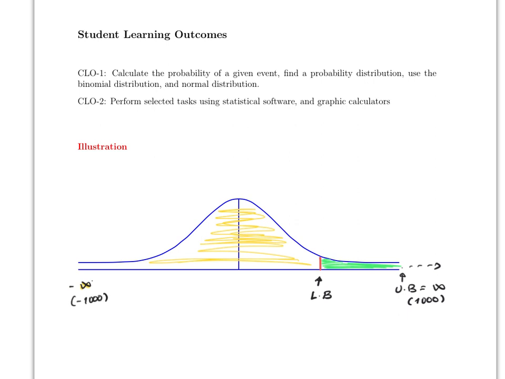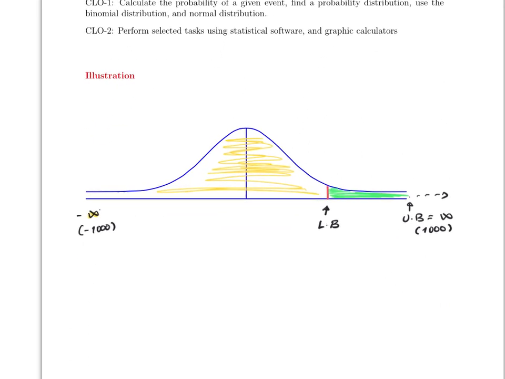In order to use the calculator, you have to go to the following keys, and I will demonstrate this in a second. You'll have to go to second, and then go to distributions, which is under VARS. And then you're going to look for the one that says normal CDF.